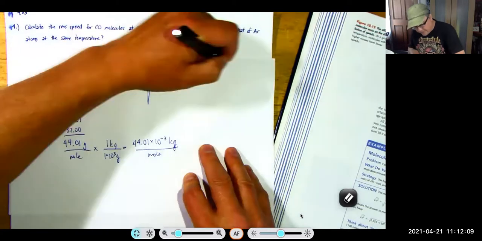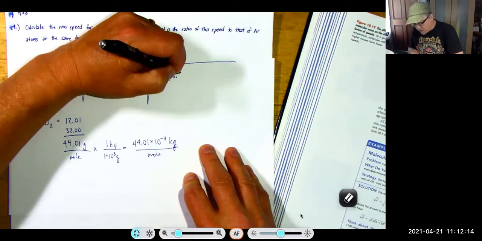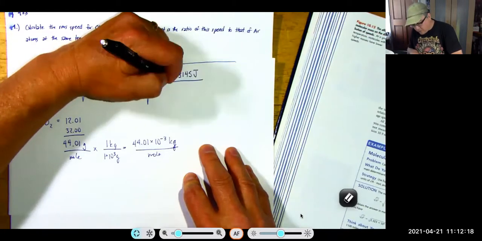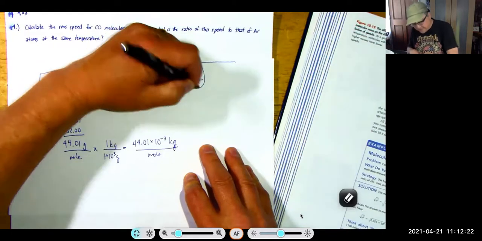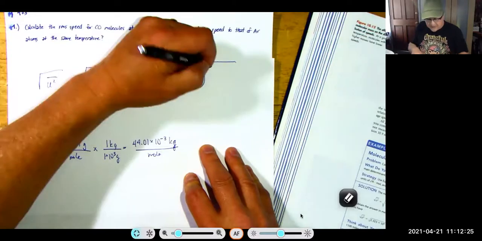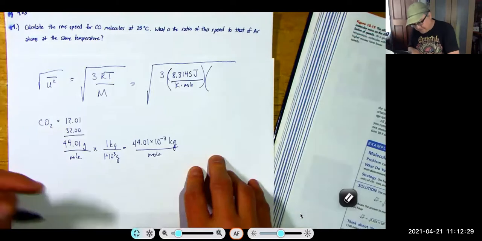We've got 3. R is 8.3145 joules per K per mole. T in this case is 25 degrees Celsius plus 273.15, right?